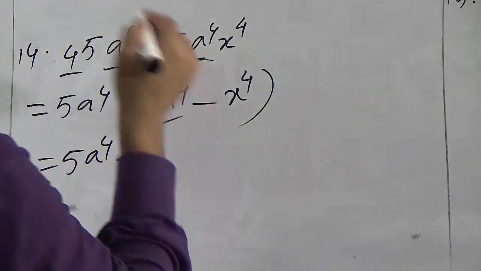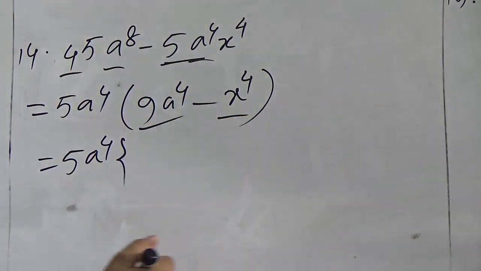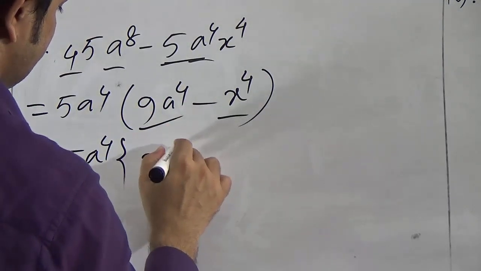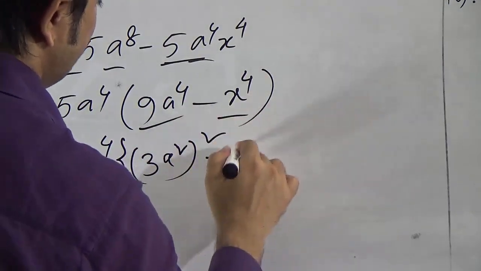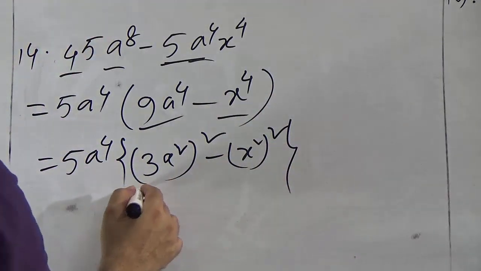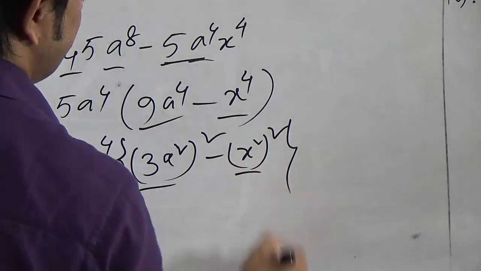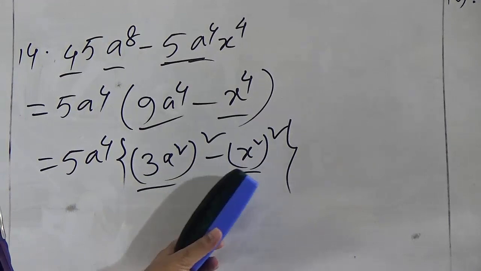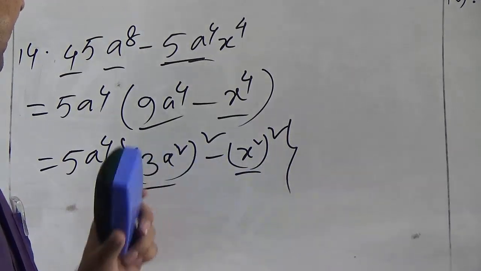Now this will remain same, but here we have to try to apply the formula. We can write 9 a to the power 4 as 3a square whole square, and x to the power 4 as x square whole square. Now consider 3a square as a and x square as b. So this is a square minus b square.